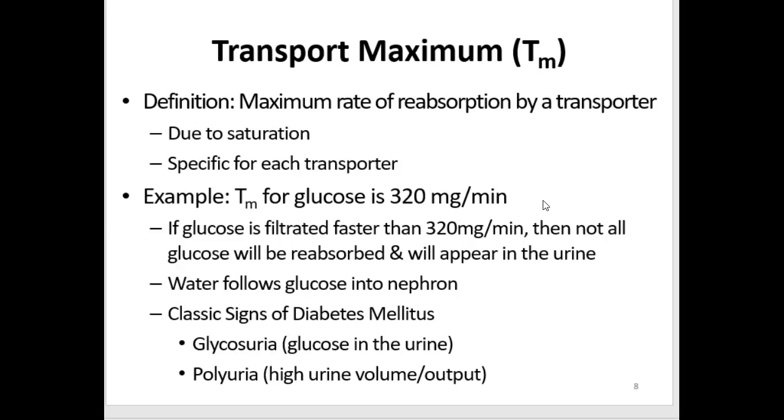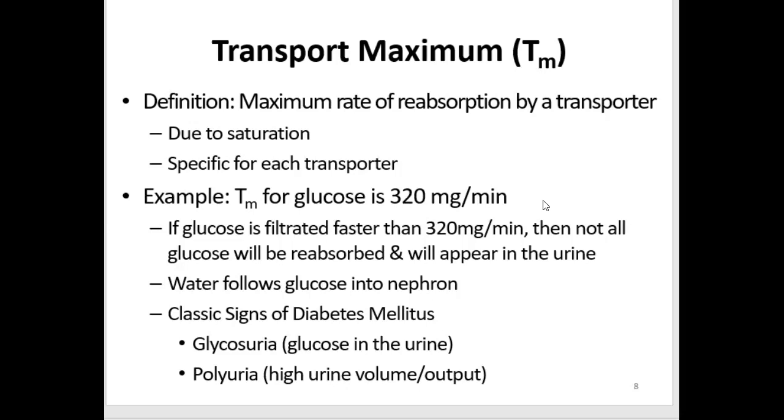So if there's more glucose filtered, or at least if it's filtered faster than that, then not all of the glucose can be reabsorbed, and then you'll have glucose in the urine. Water follows glucose into the nephron, or wherever its concentration is high.